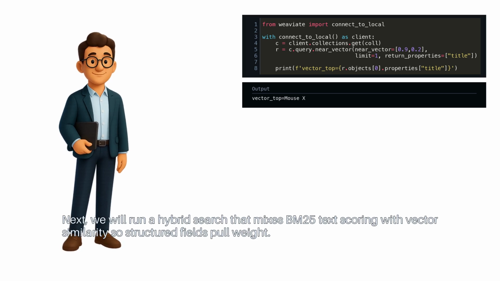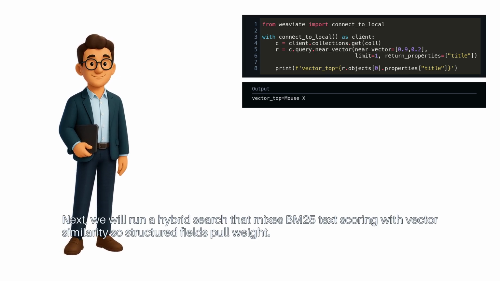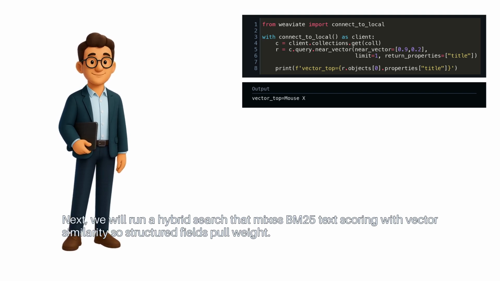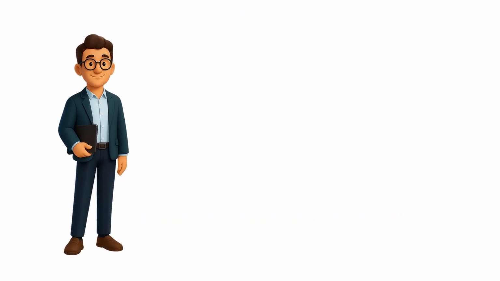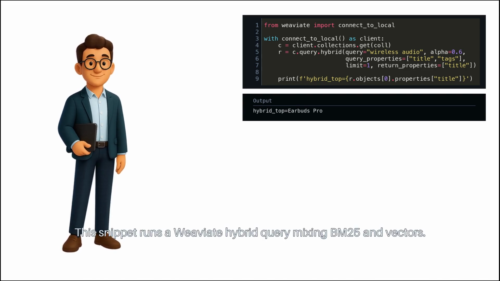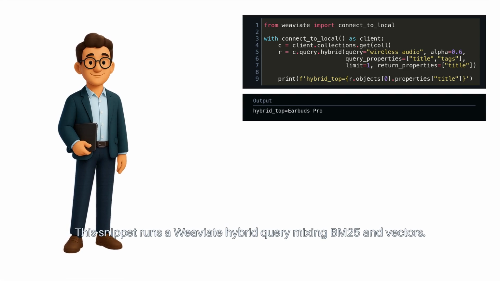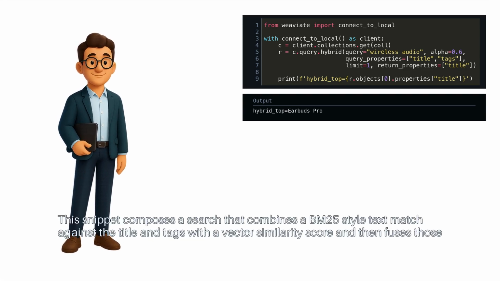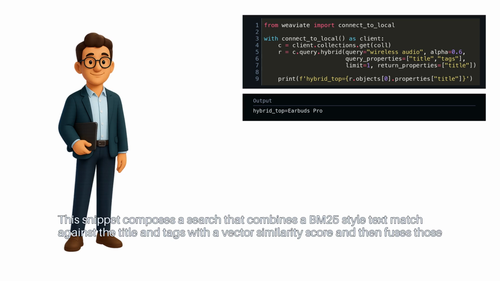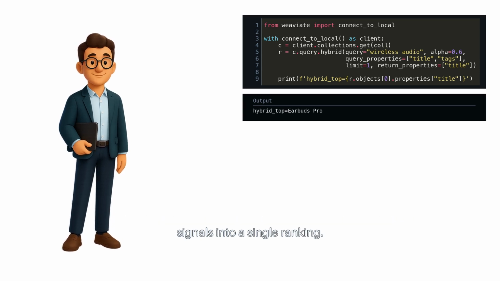Next, we will run a hybrid search that mixes BM25 text scoring with vector similarity, so structured fields pull weight. This snippet runs a Weaviate hybrid query mixing BM25 and vectors. This snippet composes a search that combines a BM25 style text match against the title and tags with a vector similarity score, and then fuses those signals into a single ranking.